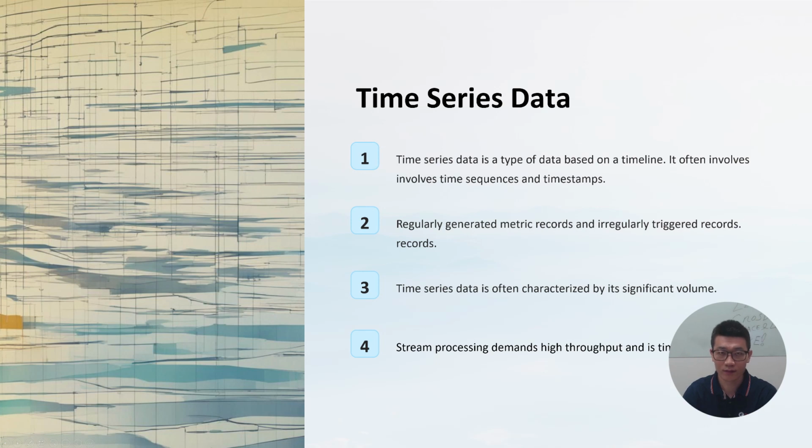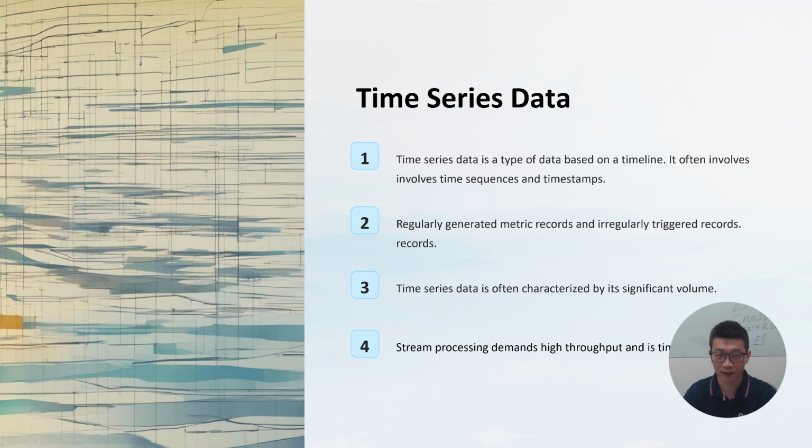Now, let's discuss the relationship between stream processing and time series data. Before delving into this, let's first examine the characteristics of time series data to see if it's suitable for processing using stream processing technology. First, time series data is a type of data based on a time log. It often involves time sequences and timestamps. In other words, time series data include data points with associated timestamps. Within the context of stream processing, each data point can be thought of as an event representing when a record was generated.